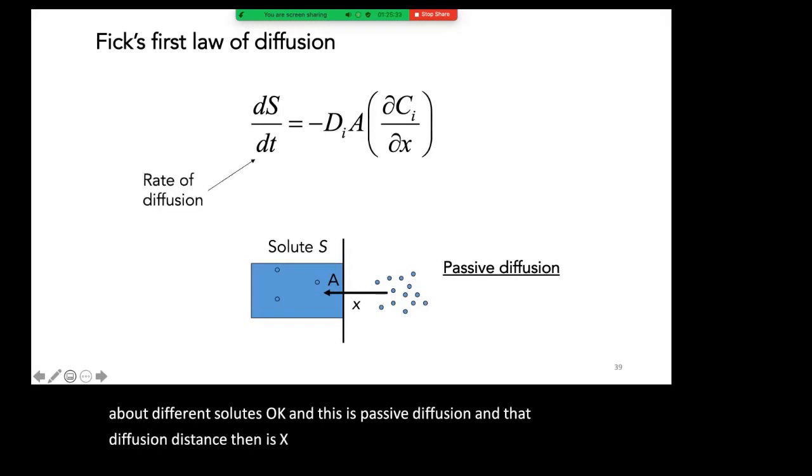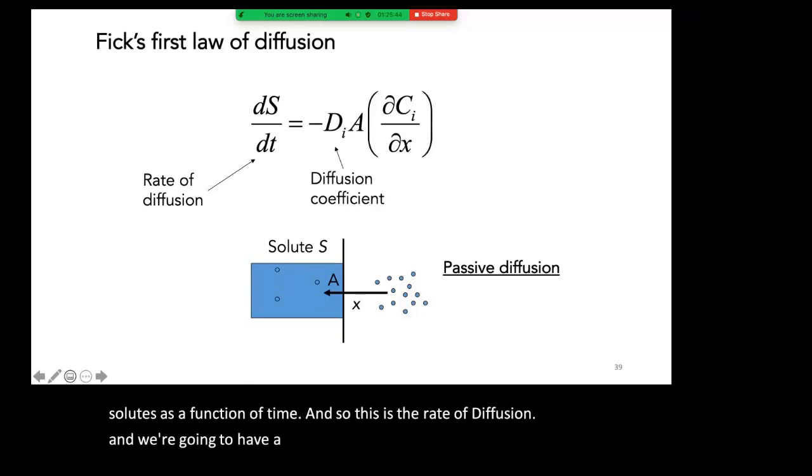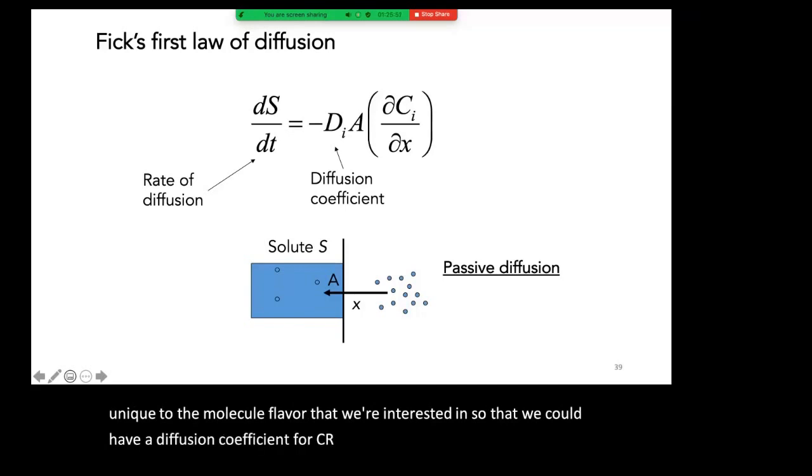So dS/dt is the change in solutes as a function of time, and this is the rate of diffusion. We're going to have a diffusion coefficient that's unique to the molecule flavor we're interested in, so we could have a diffusion coefficient for CO2, or for sugar, or for nitrogen.